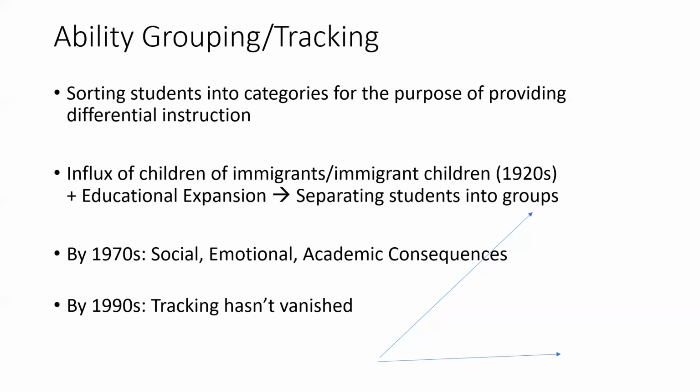And in the 70s and 80s, because of that literature and the increased visibility of that and its association with class and race biases, there was a counter movement to discontinue ability tracking in schools.